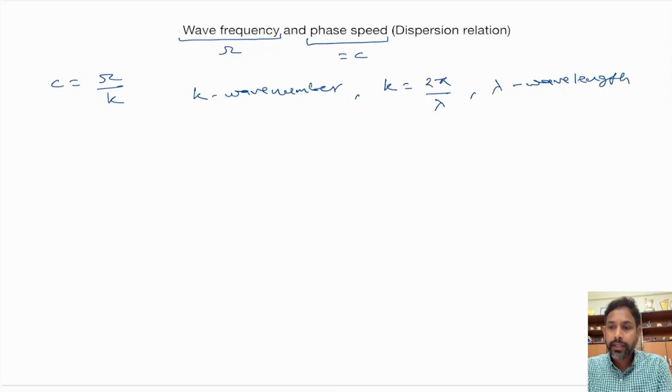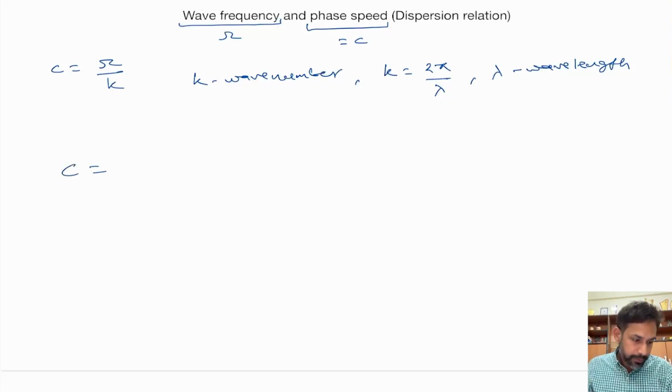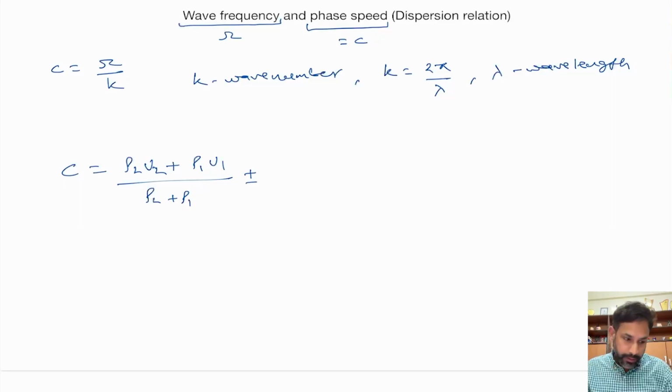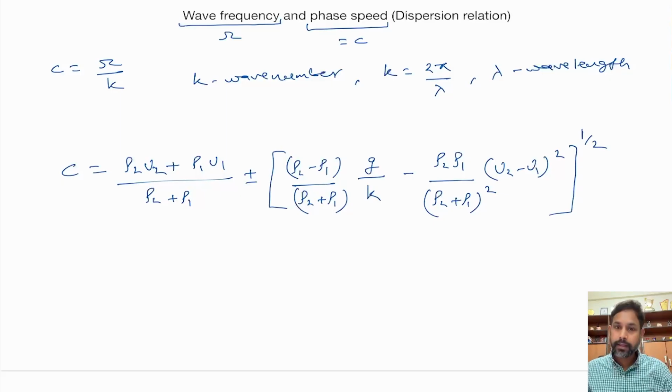So now the condition we get for an overturning wave is in the form of the phase speed c, and that is given as c equals (rho 2 u2 plus rho 1 u1) over (rho 2 plus rho 1), plus or minus the square root of [ (rho 2 minus rho 1) over (rho 2 plus rho 1) times g over k, minus (rho 2 rho 1) over (rho 2 plus rho 1) squared times (u2 minus u1) squared ], where the complete bracket is inside the square root.